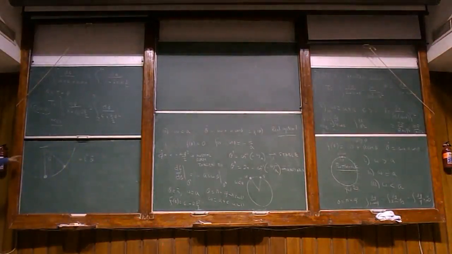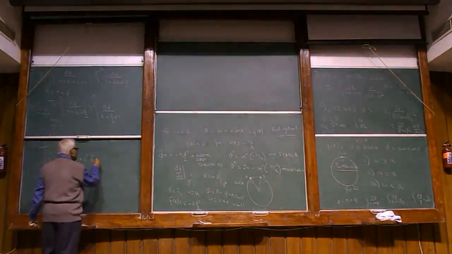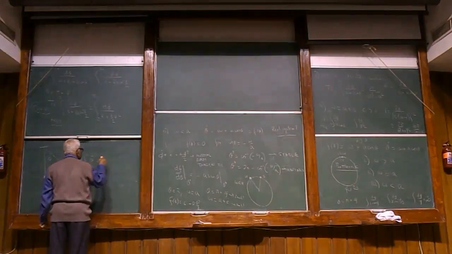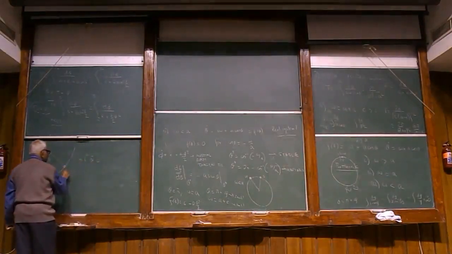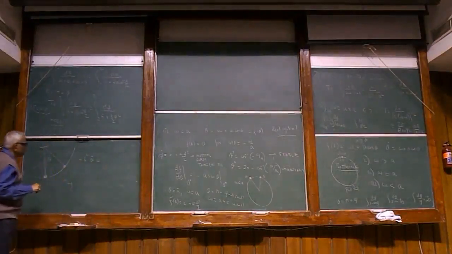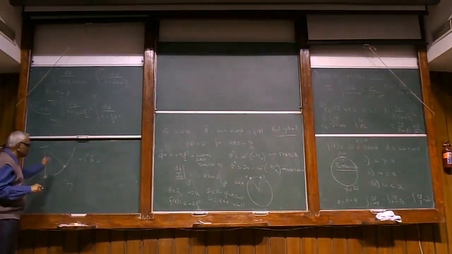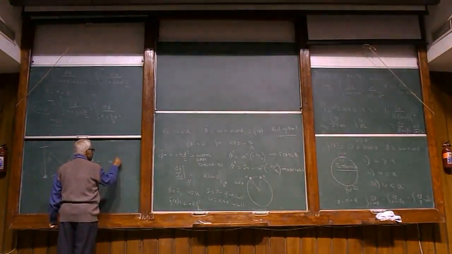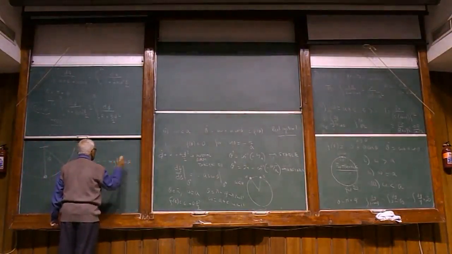Angular momentum is mL square theta dot, and the rate of change of angular momentum is that, and that's equal to your torque. The torque is provided by gravity, which is this mg over here. Tension has no torque, so it's equal to minus mgL sine theta.